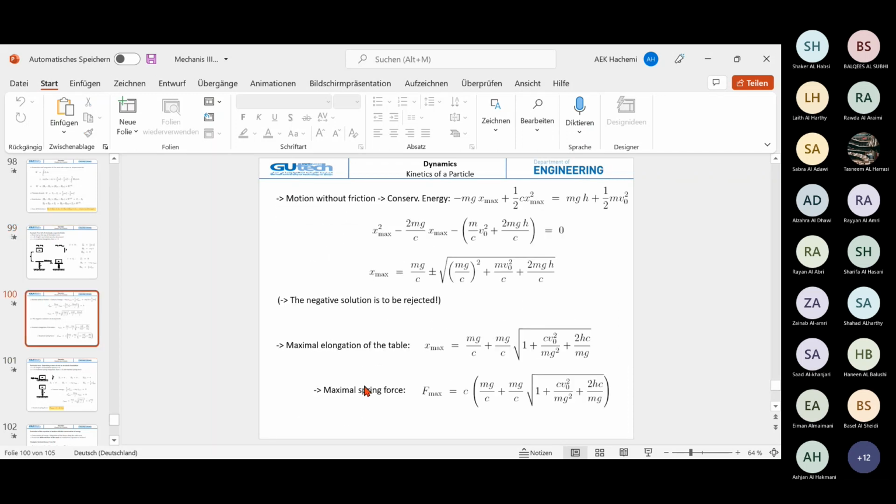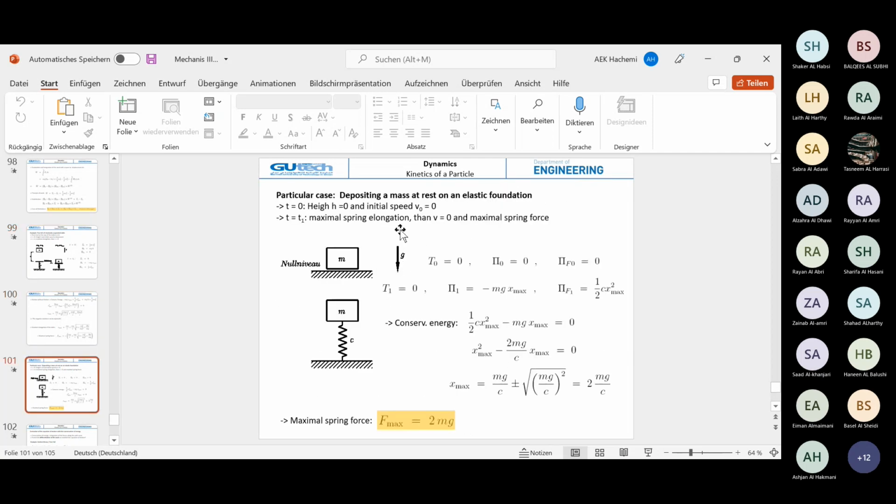Okay, we will continue now with the same example. Let's take this particular case, depositing a mass at rest on an elastic foundation, where at time t equal to 0, the height h is equal to 0, and the initial speed v0 is equal to 0.